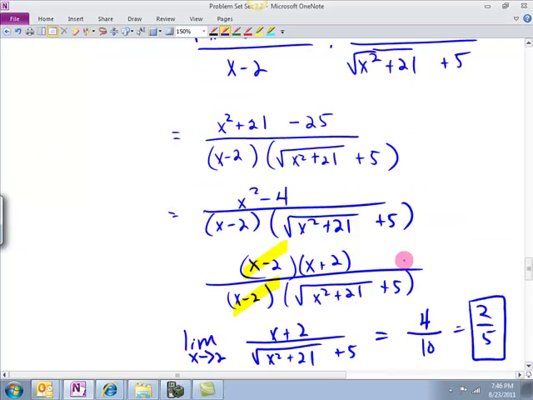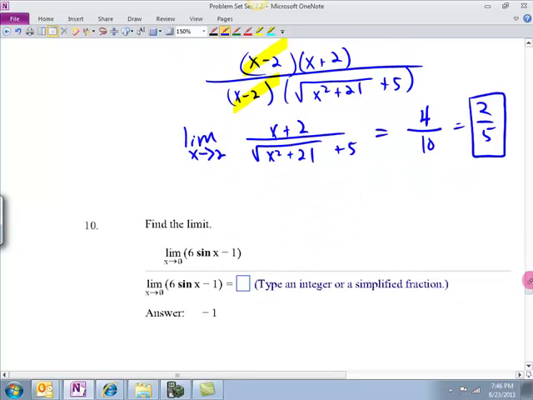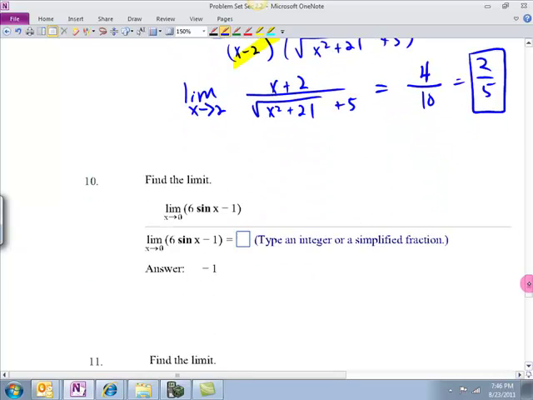So there's all the work for that, and just, you know, it's a good technique, and when you see a radical, you want to at least think of that. All right.